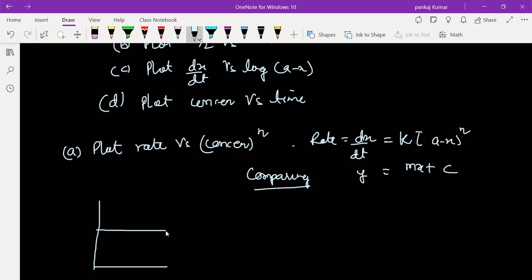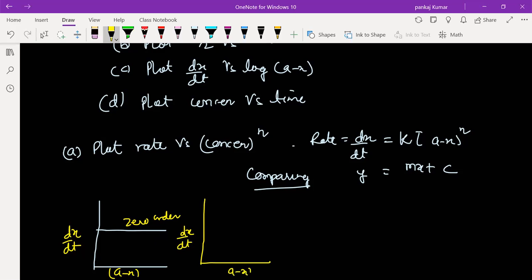This is your dx by dt and this is a minus x. This is zero order, a parallel line. This graph for the first order will be a straight line.